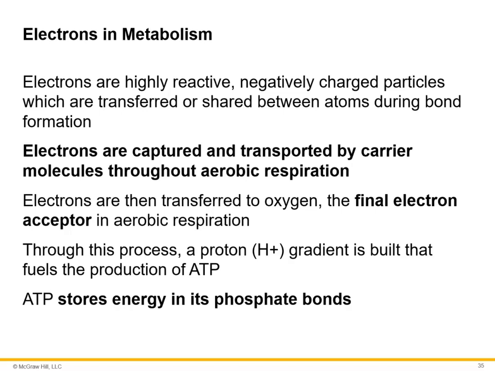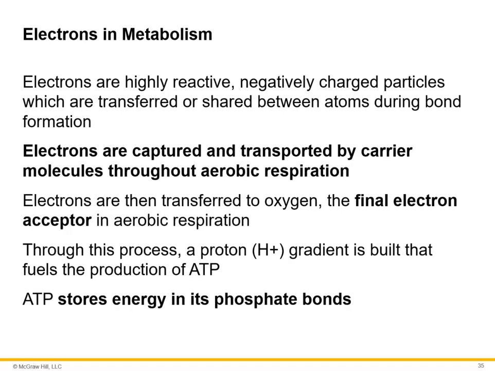In doing that, what happens is a proton gradient is built. A proton is just a hydrogen ion, right? A hydrogen atom consists of one proton and one electron. You take that electron away, all you're left with is a proton. So, as these electrons are being shuttled through the electron transport system, a proton gradient builds up.